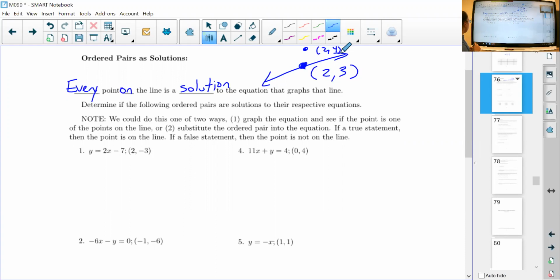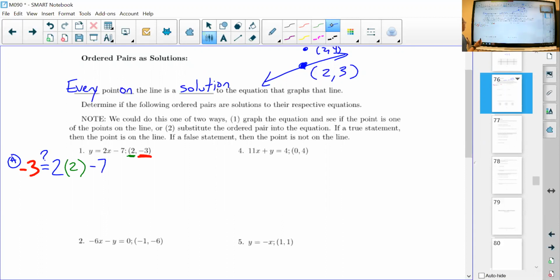Okay, so let's just try this out. Example 1. I'm going to try it both ways. So method A, I'm going to substitute both of them in. I have -3, making sure to get my y first, equals 2 times 2 minus 7, question mark.